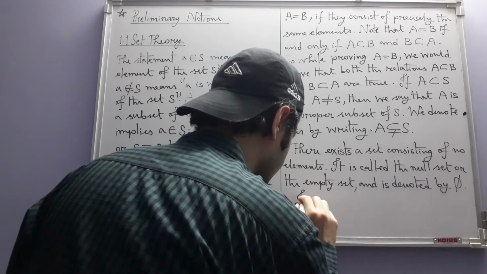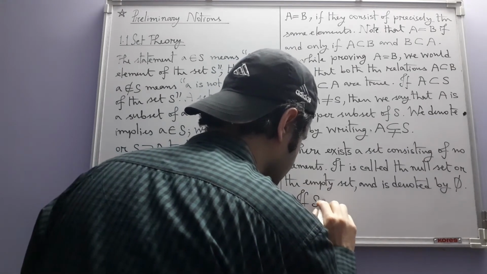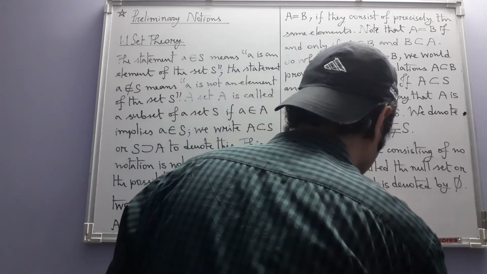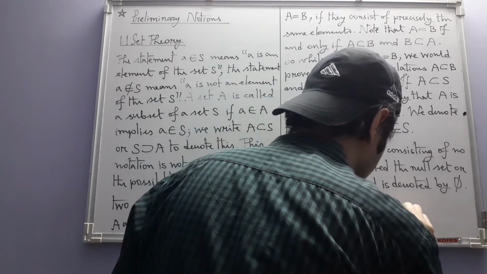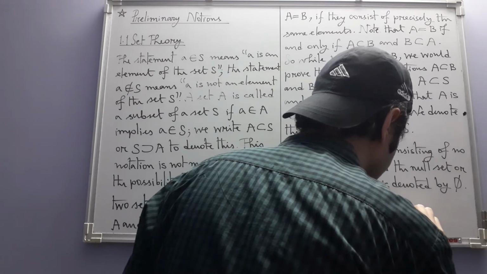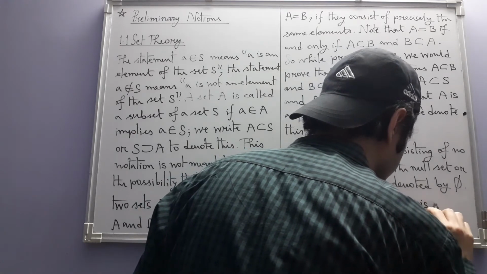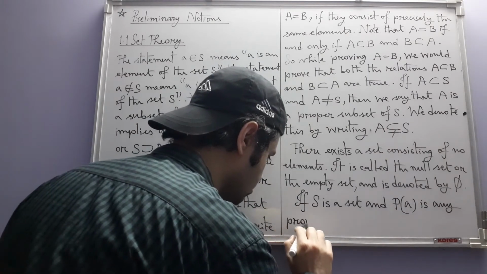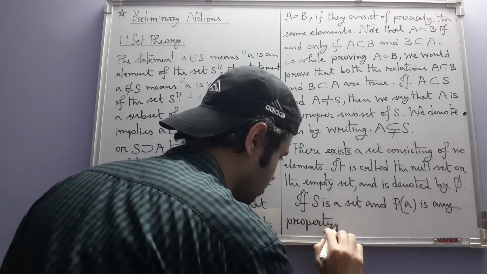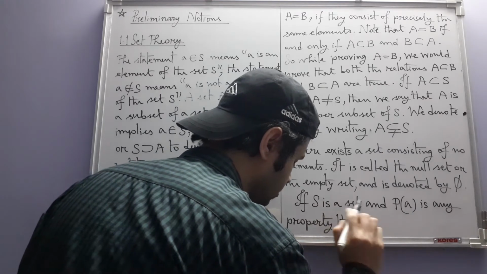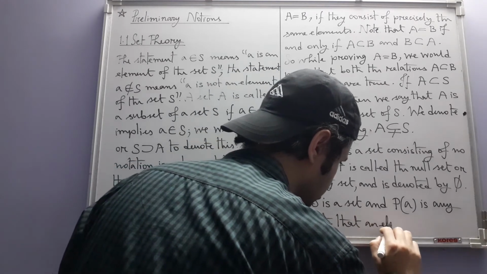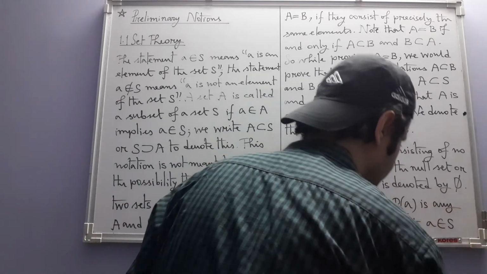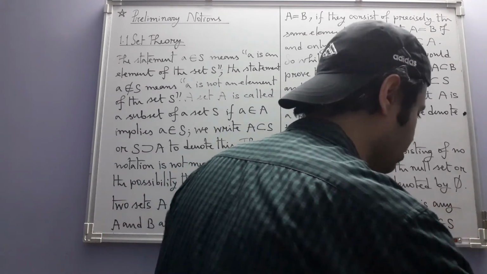If S is a set and P(a) is any property that an element a belonging to S may or may not satisfy.